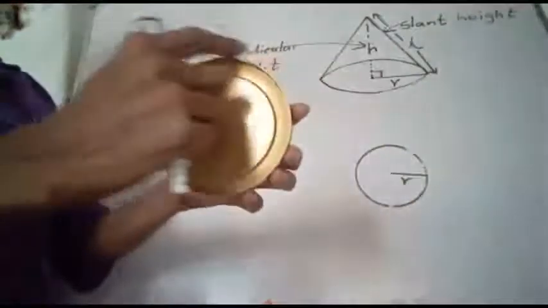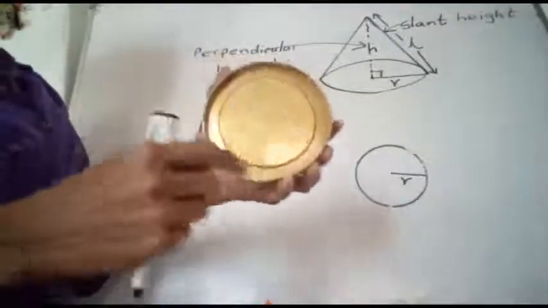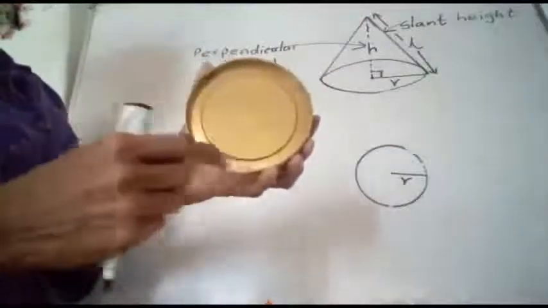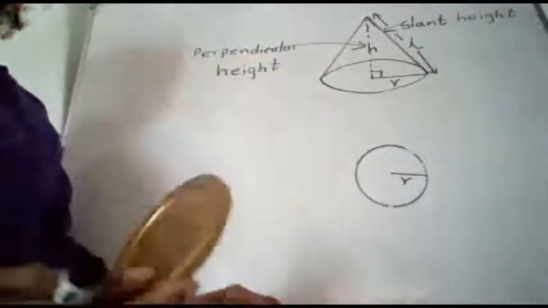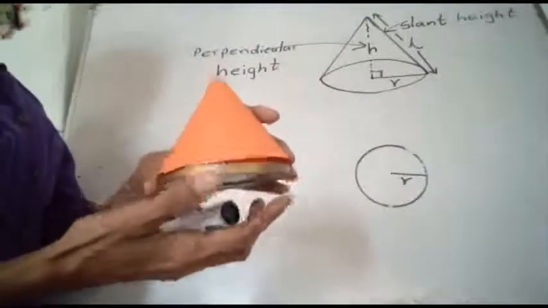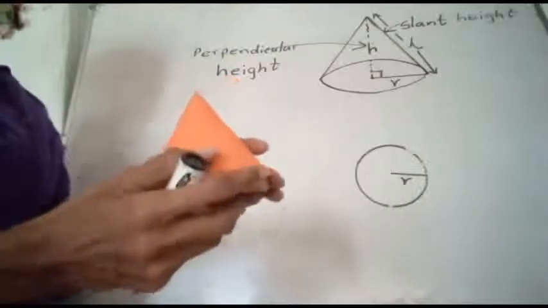The circumference of this circle is equal to 2πr. This is the circular base. The base is circular.